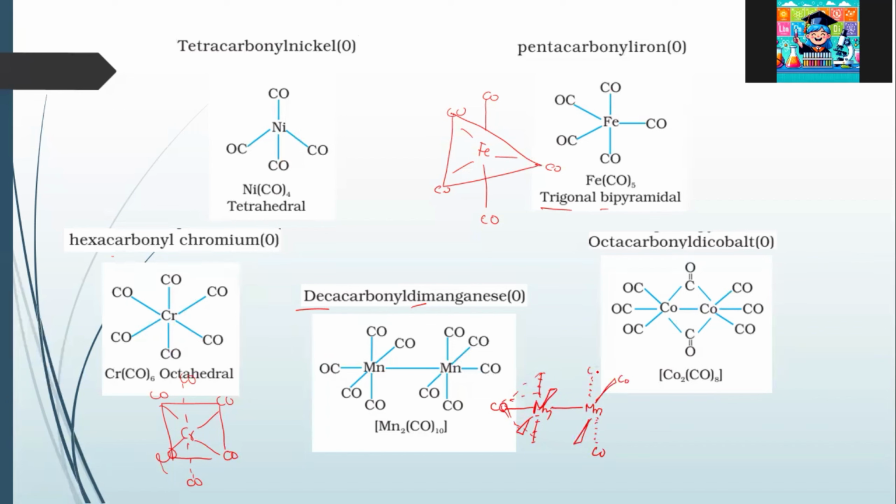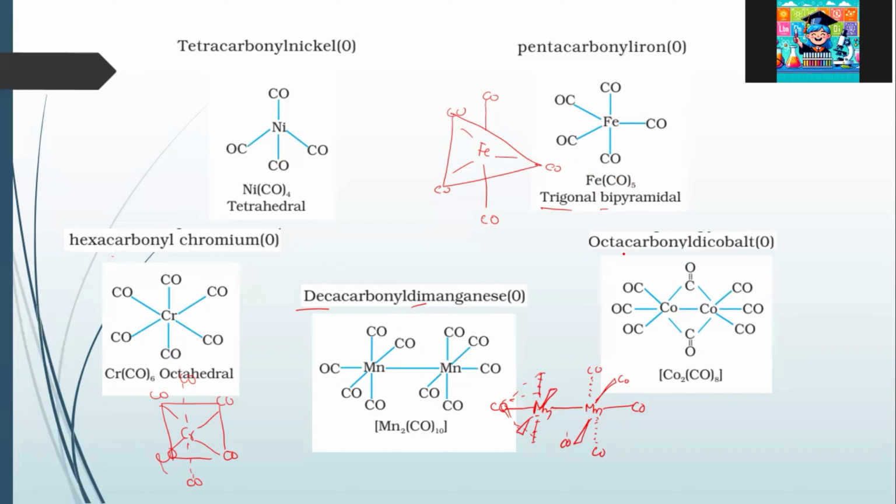So this is the second square pyramid and one CO. So this is the structure of decacarbonyl dimanganese. Structure will be like this: 2 square pyramids are connected via a manganese single bond.